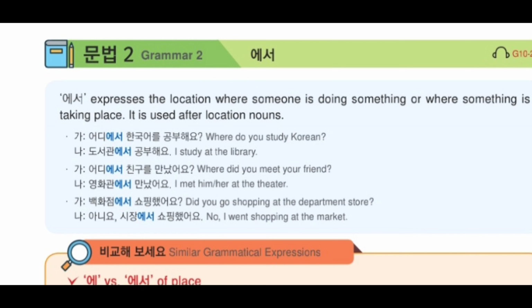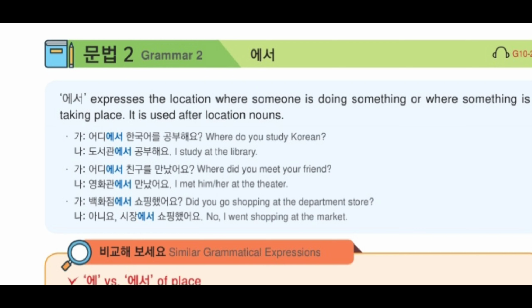In other words, 에서 expresses the location where someone or something is taking place. It is used after a location noun. Let's listen to the whole conversation. 어디에서 한국어를 공부해요? 도서관에서 공부해요. Where do you study Korean? I study at the library.